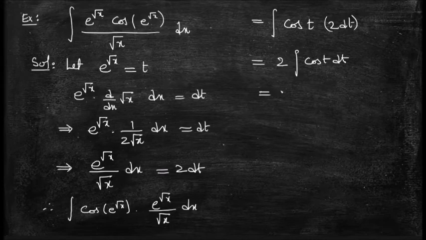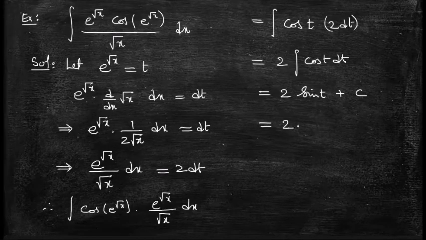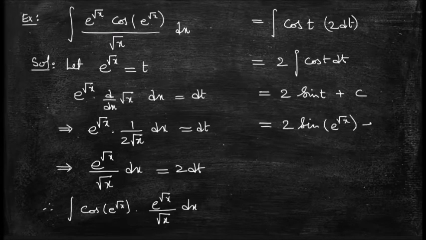What is the integration of cos x? Sin x. So here cos t, so sin t plus c. What is t? E power root x. So I replace it: 2 sin e power root x plus c. Hope you have understood the problem, right?